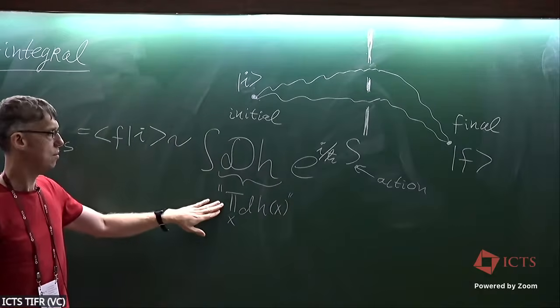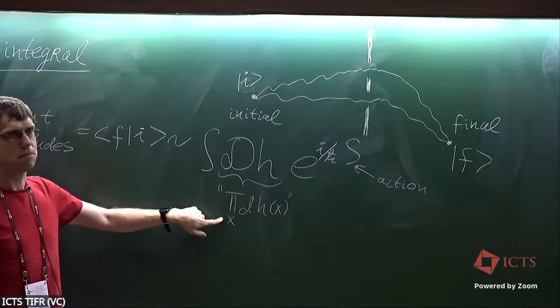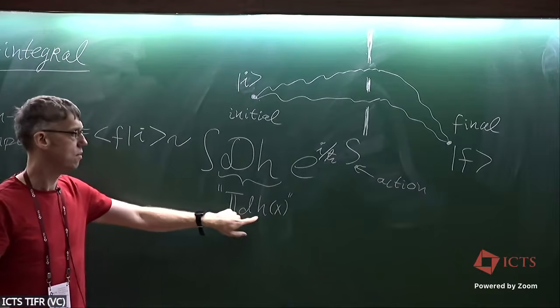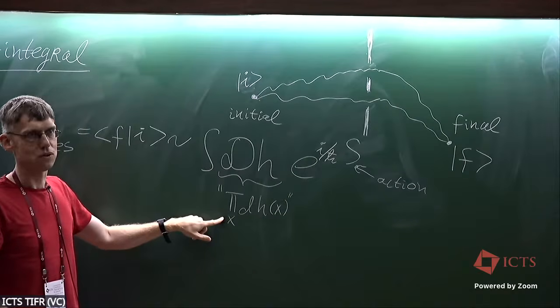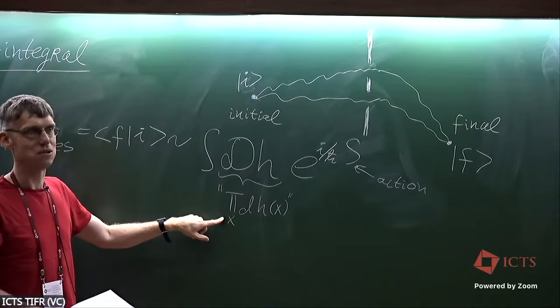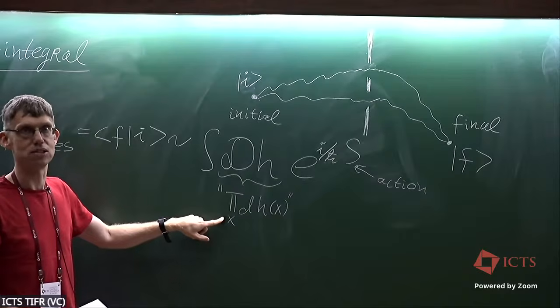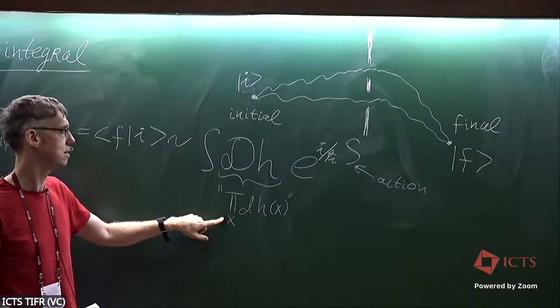So you could discretize your space-time, and then you have an integral for each space-time point. But in reality, of course, you have a continuum. So this is a very non-trivial, infinite-dimensional integral in practice, right?